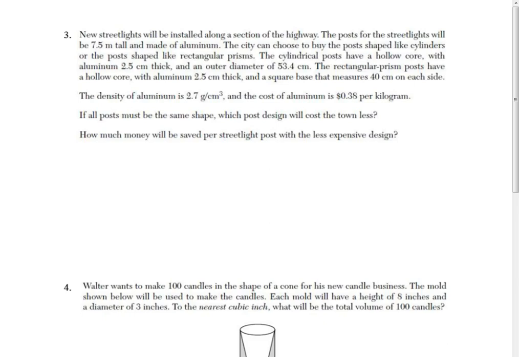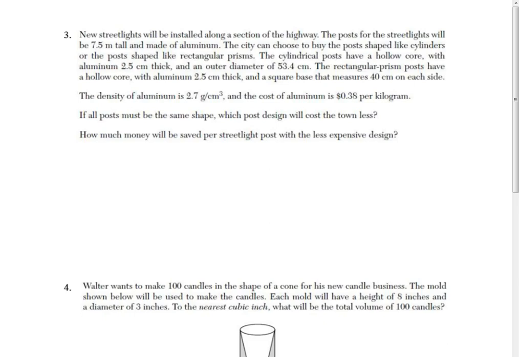The density of aluminum is 2.7 grams per centimeter cubed, and the cost of aluminum is 0.38 per kilogram. If all posts must be the same shape, which post design will cost the town less? How much money will be saved per street light post with the less expensive design?